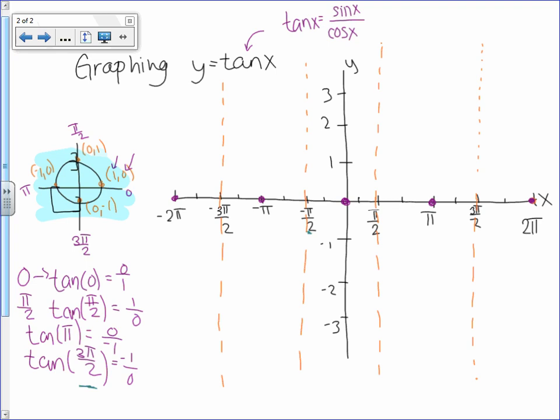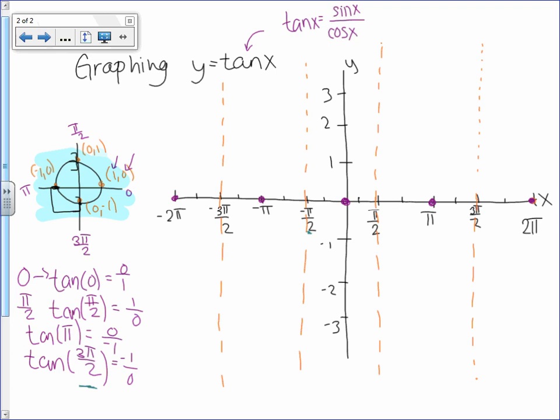If I look at this, my sines, my y values, are getting bigger and bigger because I'm going from 0 to 1, right? Well, in this case, -1, but the amount of y is bigger. My distance is growing. So from pi to 3 pi over 2, my y values are getting bigger because here it's 0 and here it's 1.